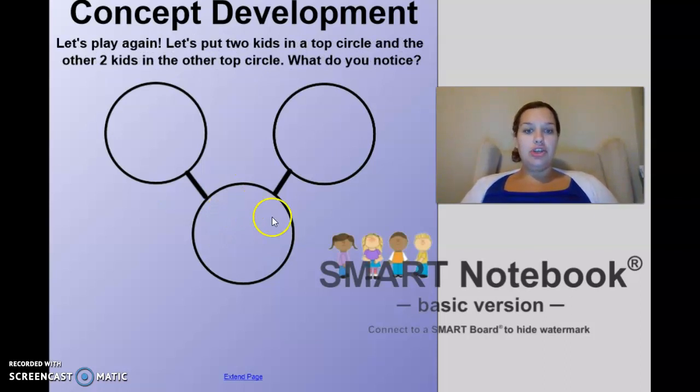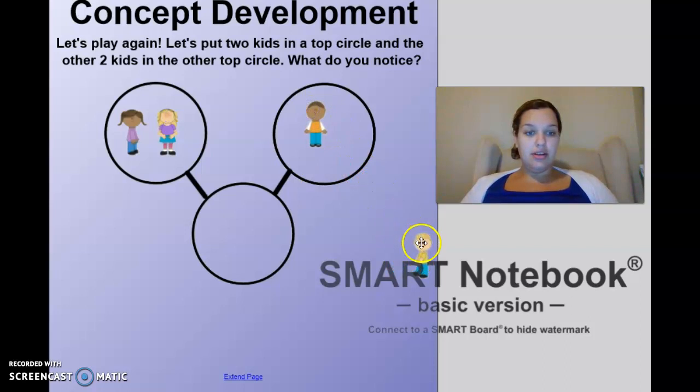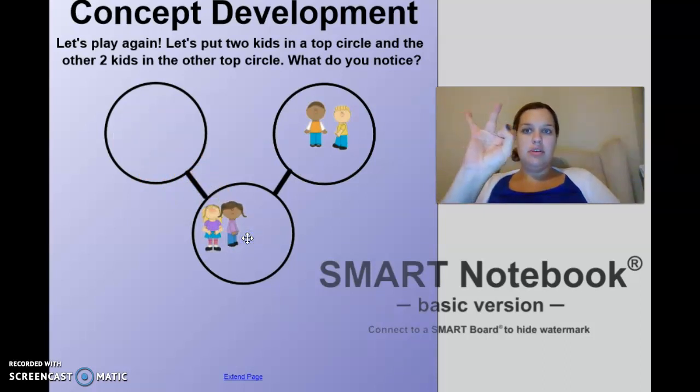Now we're going to put 2 kiddos in the top circle. And then we're going to put 2 kiddos in this other circle. And I know these are my parts. This is how a number bond works. And they're going to walk to the party. So can you put these 2 kiddos up on your fingers just like this? 1, 2.